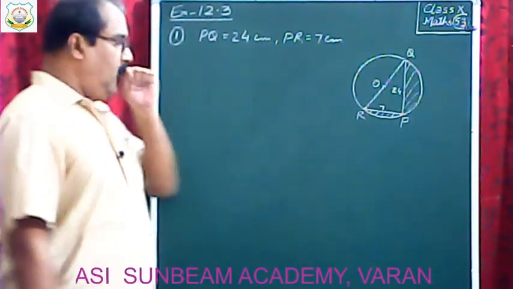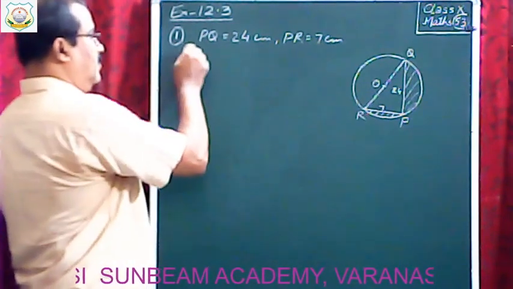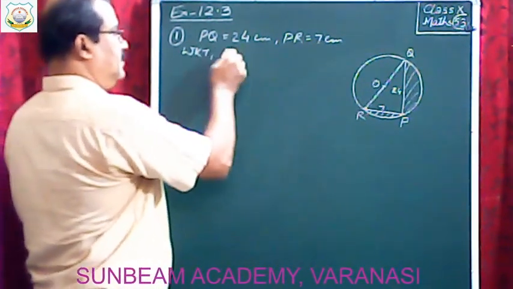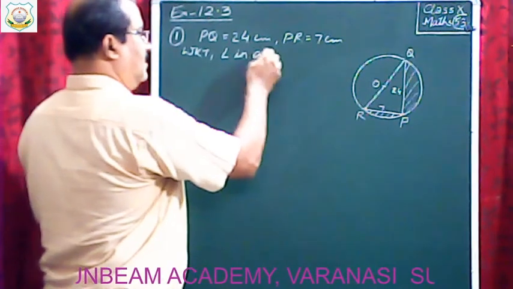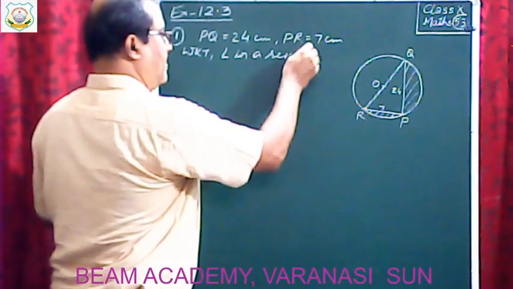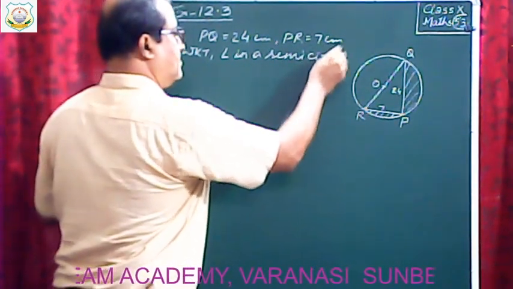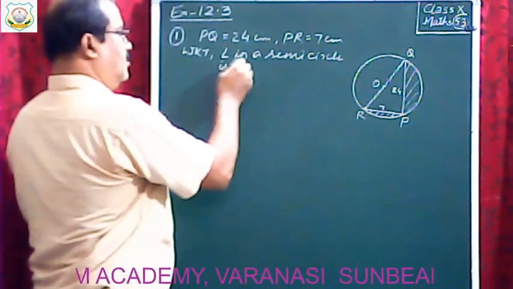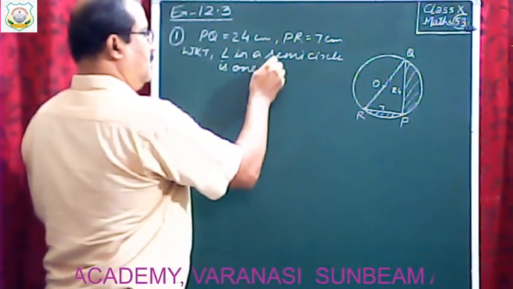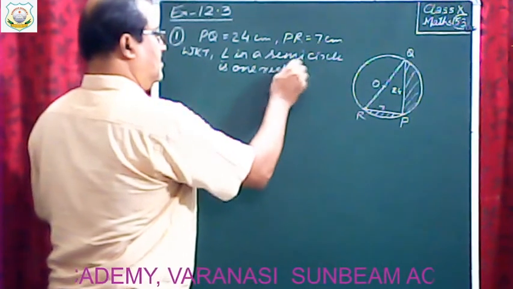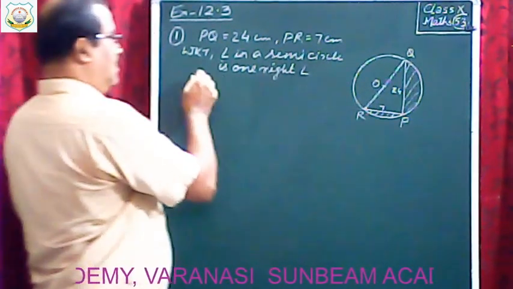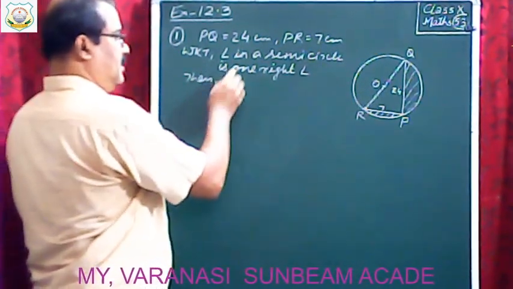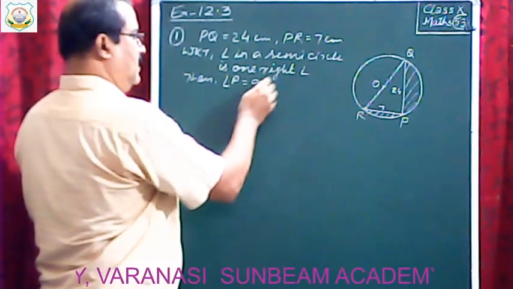Clear? So first of all, you have to write WKT, the angle in a semicircle is a right angle. So then angle P equal to 90 degrees.